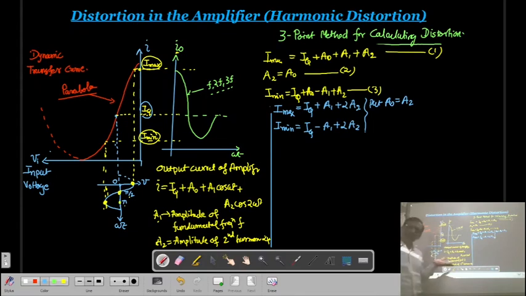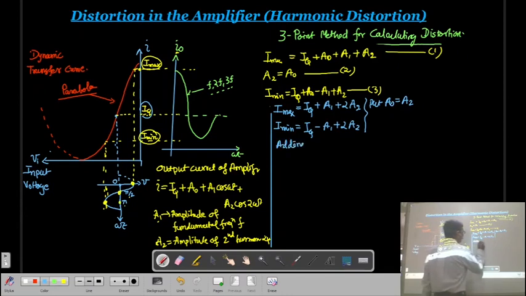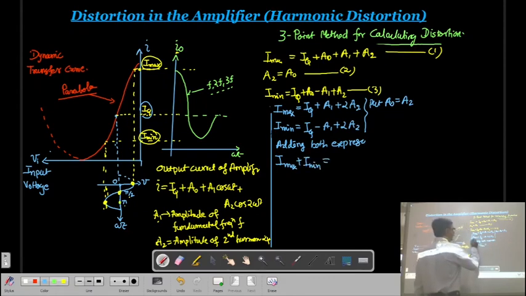Now here we take the addition and subtraction, then you will find out what A2 and A1 are. So, adding both expressions, we have I maximum plus I minimum, and that is equal to 2IQ will be there.